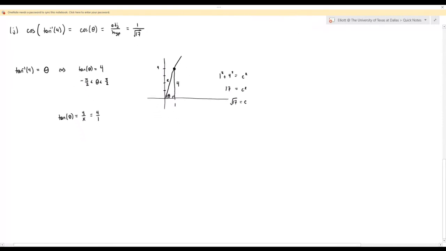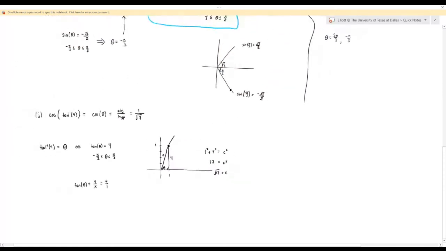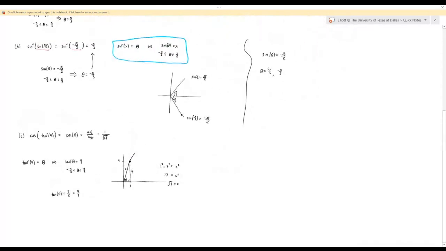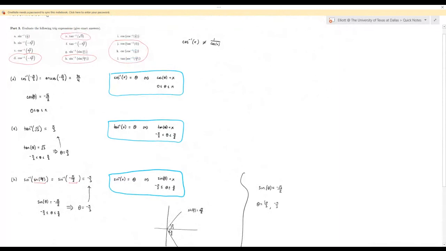So this problem is slightly different from the other questions. I would say there are maybe two things that are different about this problem from the others. The previous three questions were just evaluating an inverse trig function.